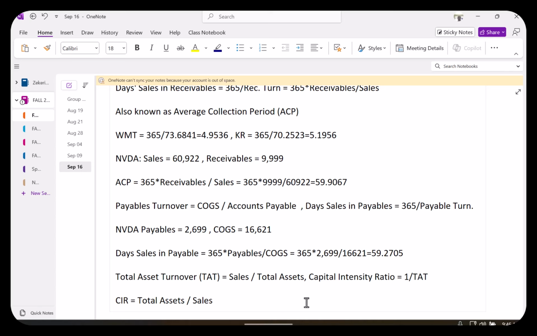Industrial companies need a lot more capital compared to companies like Google, for example. So when you make comparisons of total asset turnover kind of ratios or even inventory turnover, you cannot compare inventory turnover of NVIDIA to Kroger.